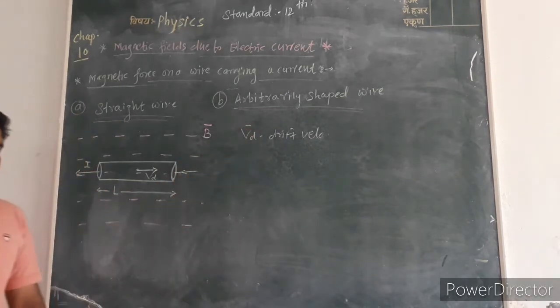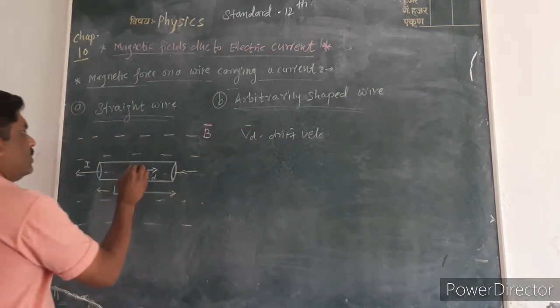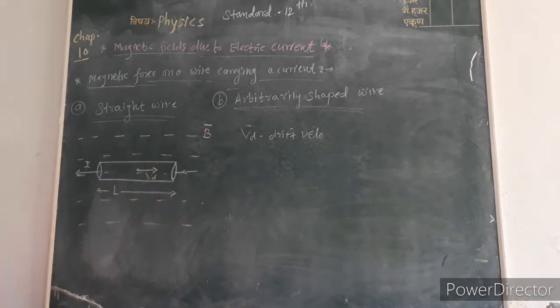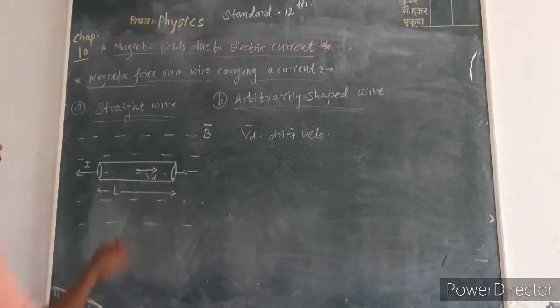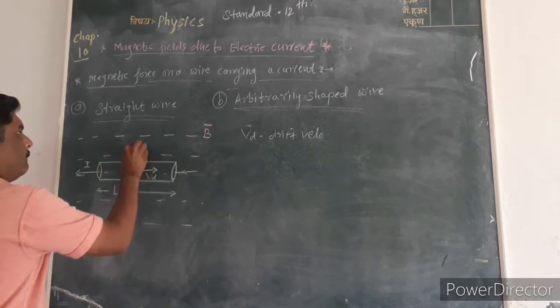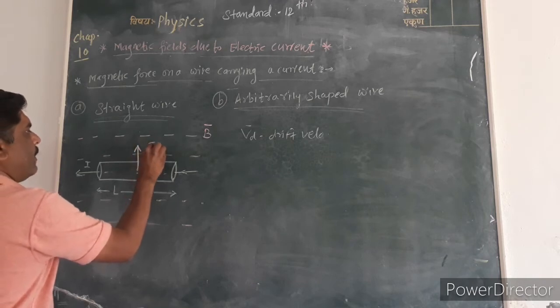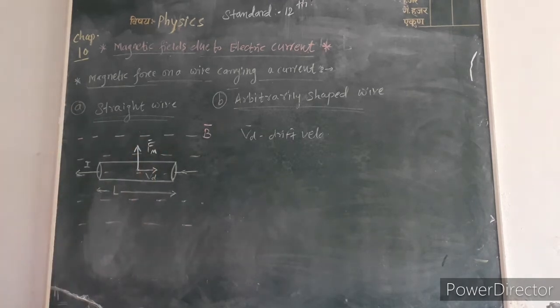This wire and the field are perpendicular to each other, hence the force Fm bar is produced on this wire, and we find out the value of this Fm bar.